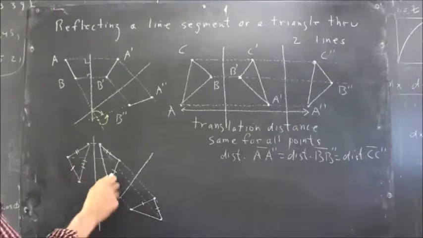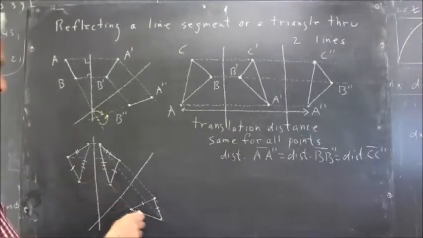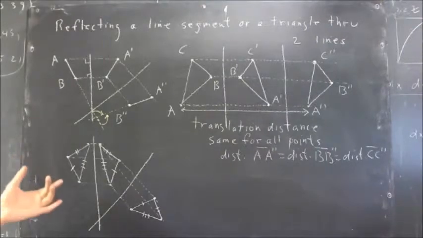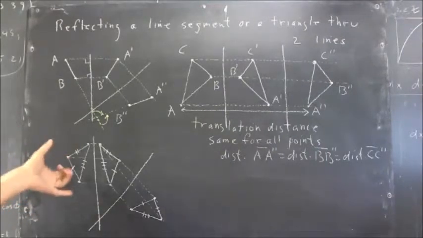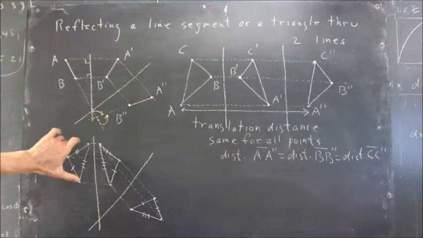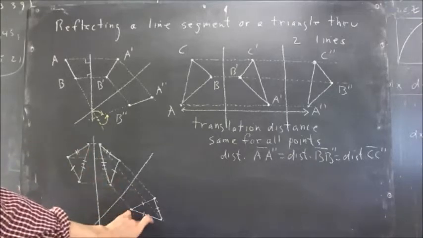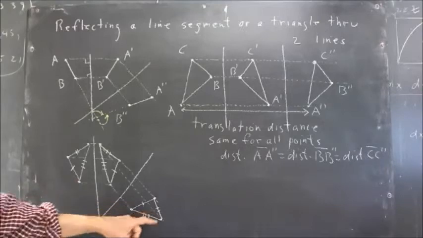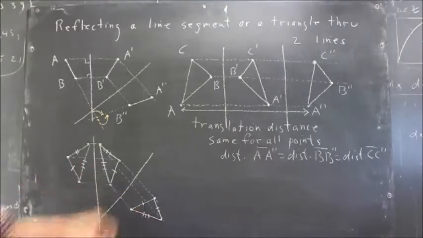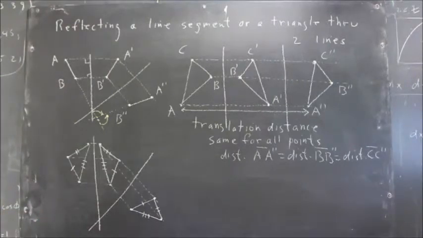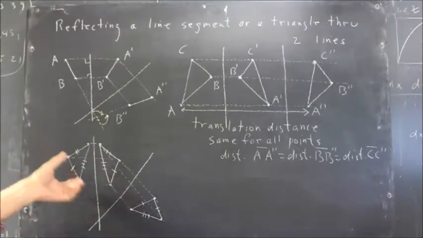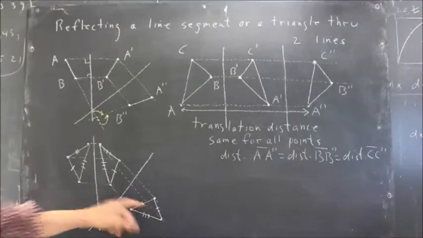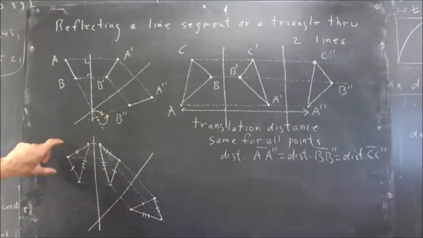This side is reflected to this side, which is reflected to this side. And we see that the triangle has been rotated. If we rotate this triangle about this much, it should match this triangle. Now we've, again, lost our exact triangle in doing this by hand. Every reflection, we tend to compound our errors, but we can see very plausibly how this triangle is a rotation of this triangle.